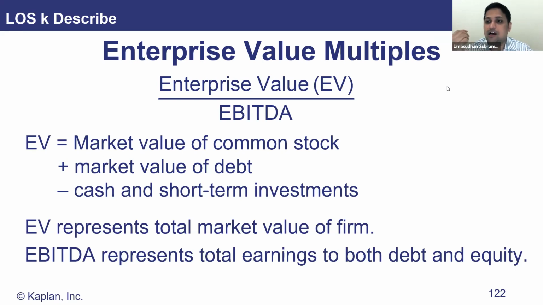So you're taking the market value of equity, which is the market capitalization, plus the market value of debt, and you're going to deduct any cash and cash equivalents, cash and short-term investments, from your balance sheet. That's going to give you your EV.